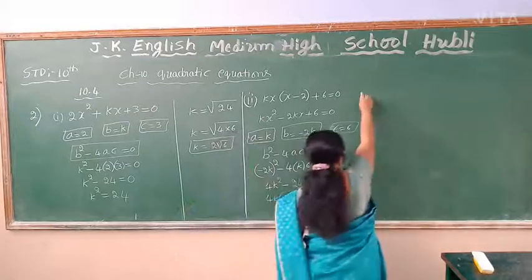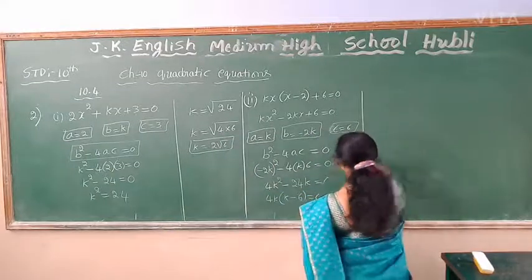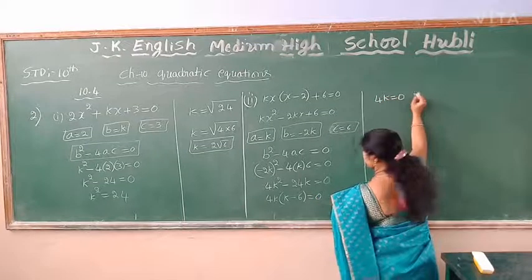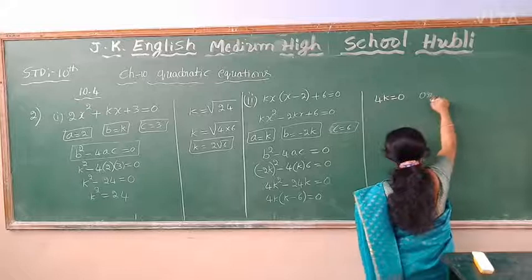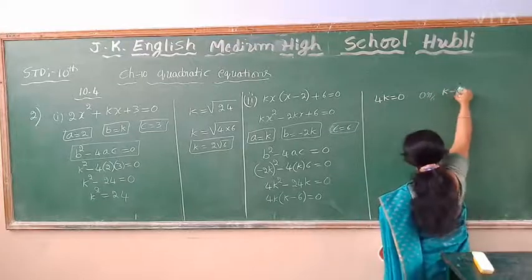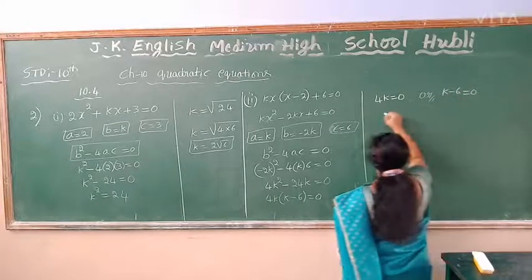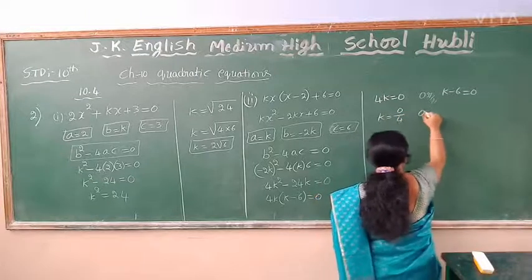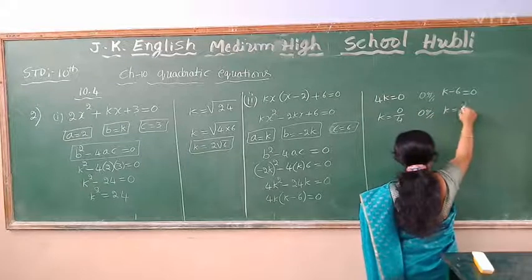So your two factors are there, children. I can equalize both to 0. 4k is equal to 0 or k minus 6 is equal to 0. Then k is equal to 0 by 4 or k is equal to 6.